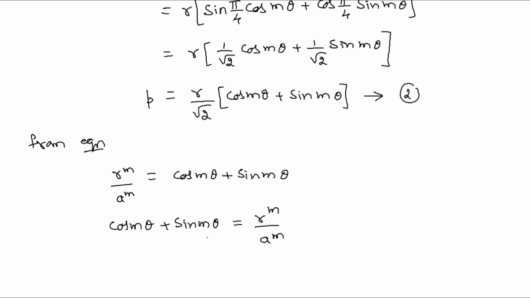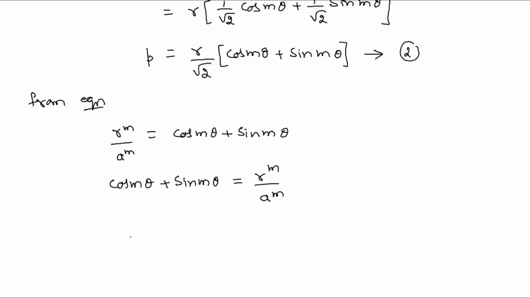So just try to plug in this value back in equation number 2. So substitute this value in equation number 2. So we'll be getting the value of p to be equal to r by root of 2 into cos m theta plus sin m theta value, which will be equal to r power of m by a power of m.